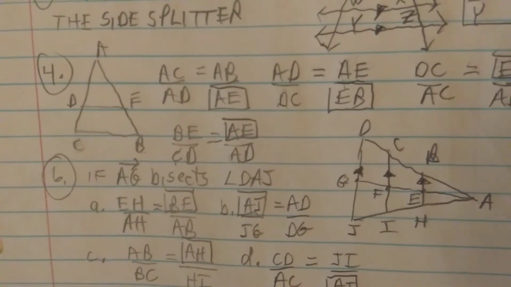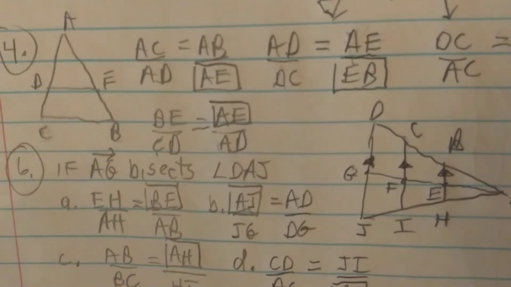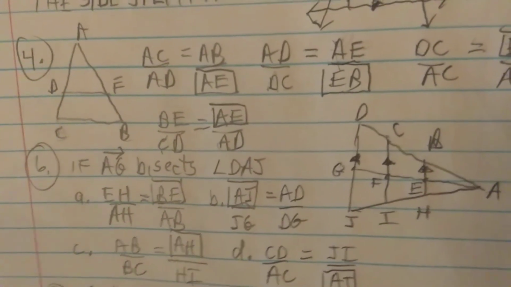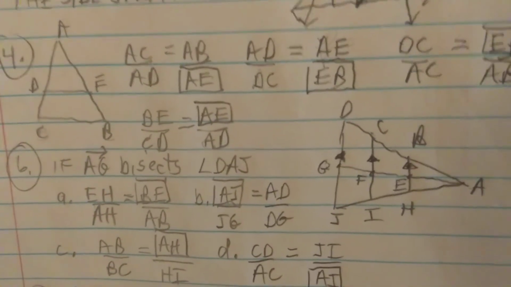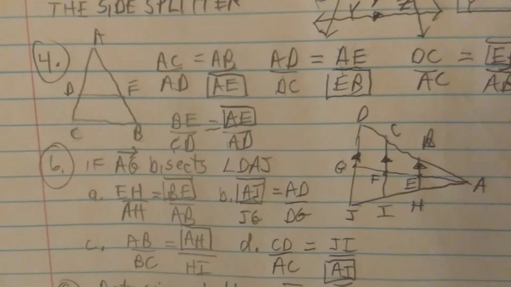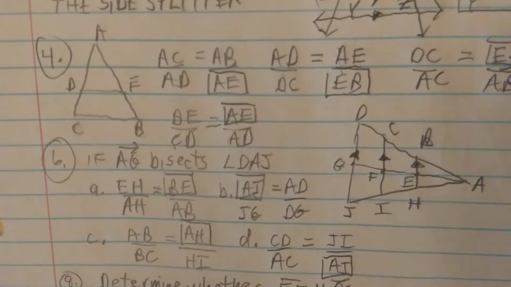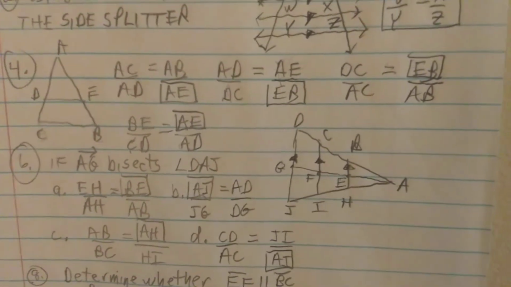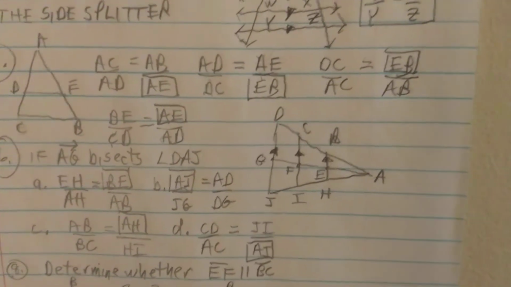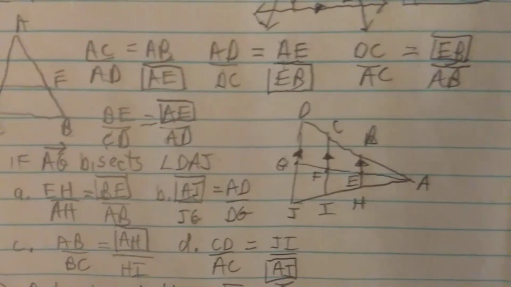Now then also AD over DC, the top part on the left over the bottom part on the left, is equal to AE over EB, the top part on the right over the bottom part on the right. And we've seen that. And then DC over AC, the bottom part over the whole left side, would correspond to EB, the bottom part on the right, over AB, the whole part on the right.